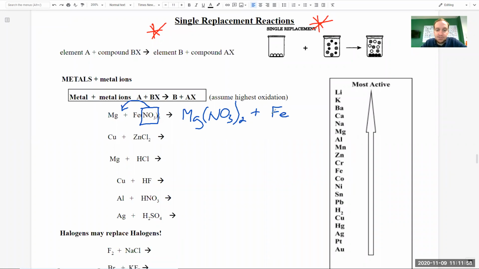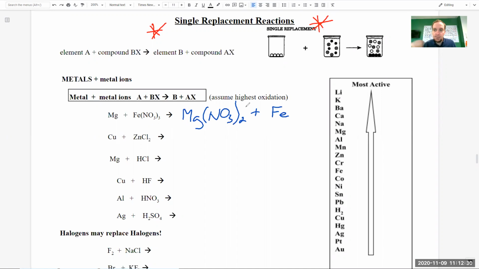Okay, that is the correct formula for the product of magnesium plus iron 3 nitrate reacted together in a single replacement reaction. All we need to do now, of course, is balance this thing. So the biggest compound would probably be this one, Fe(NO3)3. Notice I have a 3 there and I have a 2 there. So to balance that, just like I did in the previous example, I want to get them both up to 6. If I have 3, that's an odd. Double it, then I get 6. That's an even.